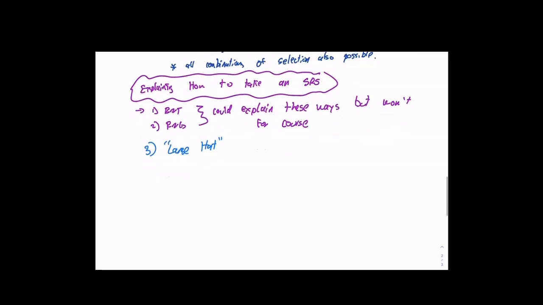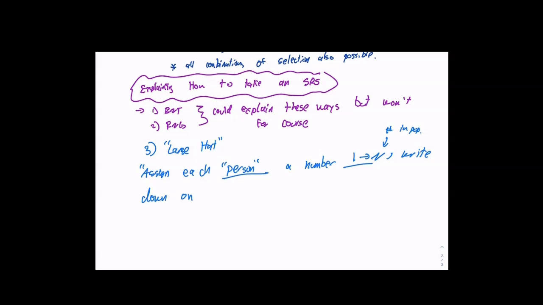And what that means, in an explanation, is that we are going to assign each person, and it might not be a person, it might be a thing, a number 1 through n, however many are in my population. Write them down on equal size pieces of paper, it's the popsicle sticks.